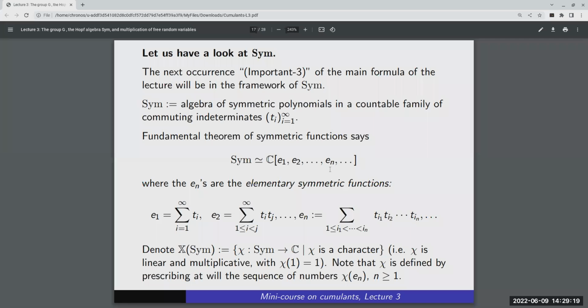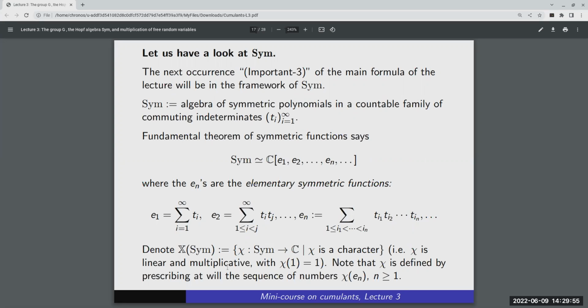The elementary symmetric functions are the formal sum of the Ti, the formal sum of Ti Tj with i smaller than j, etc. Any symmetric function is written in a unique way as a polynomial in these elementary symmetric functions. So pretty much I can think of SIM as the algebra of commutative polynomials in a countable collection of indeterminates which happen to be denoted E1, E2, ..., En, etc.